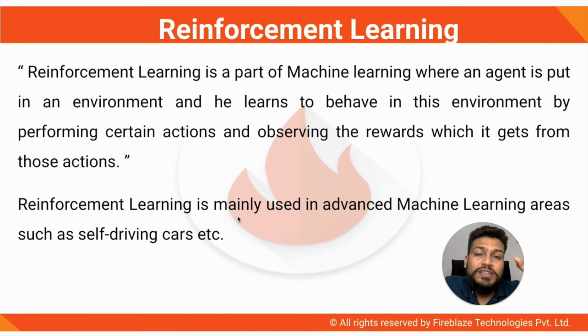Now what happens? The machine is given the input of the data when the car is being driven by a human. Observing how the human is driving, if the human is driving correctly and the machine is able to adapt that skill set, then the machine is rewarded.